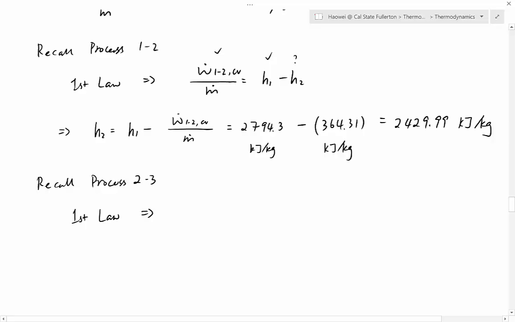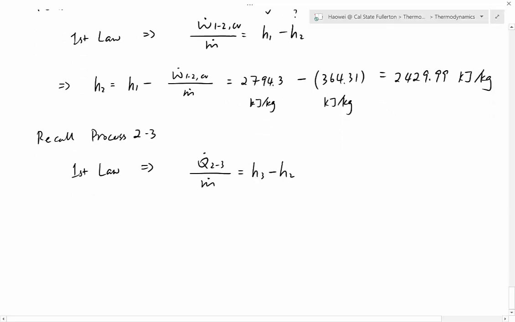What we found from the first law is Q dot 2 to 3 over M dot is equal to H3 minus H2. And we can find H3 from here. H3 is equal to H2 plus Q dot 2 to 3 over M dot. We do have H2. H2 is right here, 2429.99 kilojoule per kilogram.